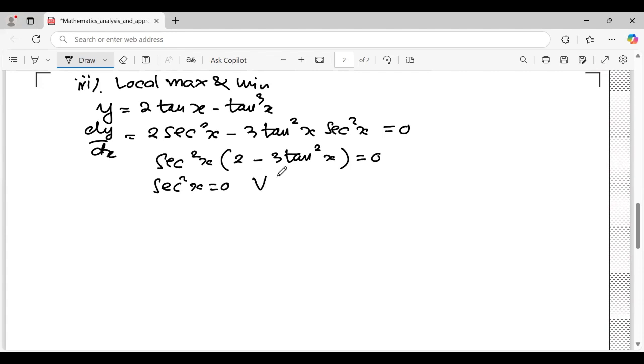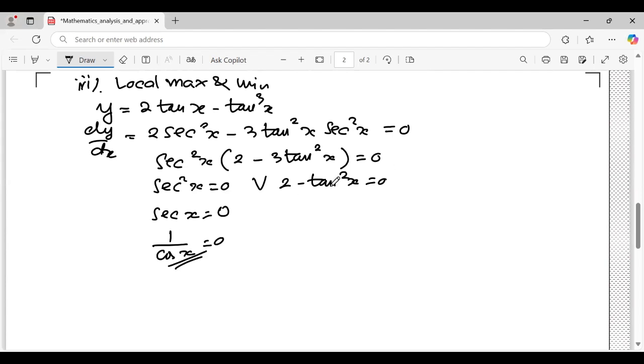So secant squared x equals 0, or 2 minus 3 tangent squared x equals 0. If secant squared x equals 0, it means secant x equals 0, but we don't use it because 1 over cosine x equals 0 has no solution. So for this one, there's no solution for x.